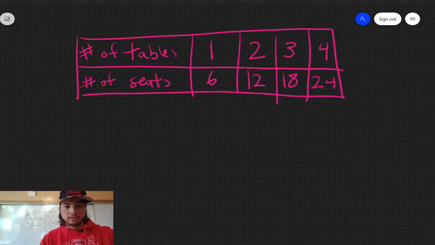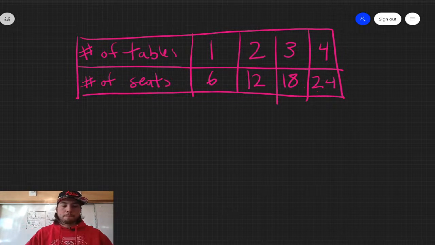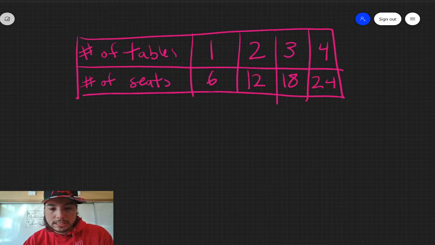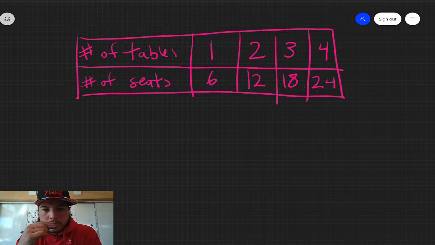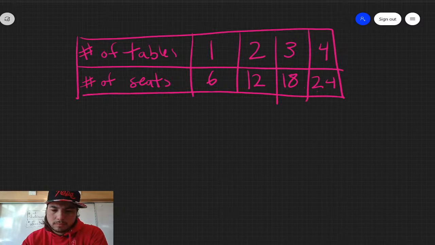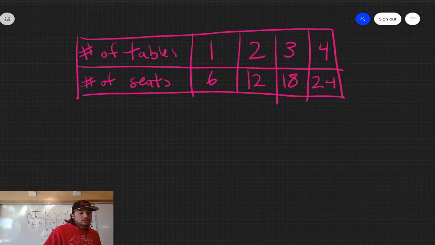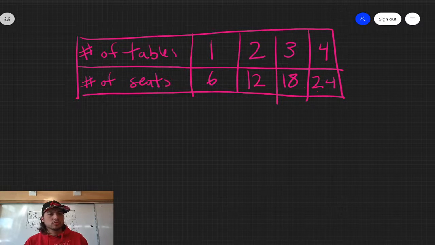Okay, this one here, we're at a restaurant. The top pattern shows the number of tables in our restaurant, and then below it shows the number of seats in our restaurant. Okay, so what type of expression, you can use words too, like we said on the skateboard one, for every skateboard, you need 4 wheels, right?